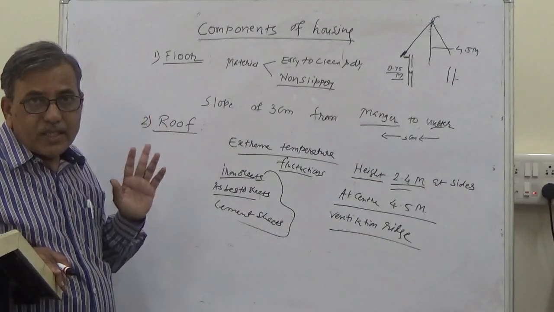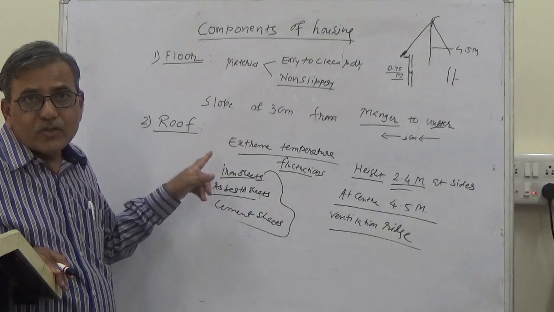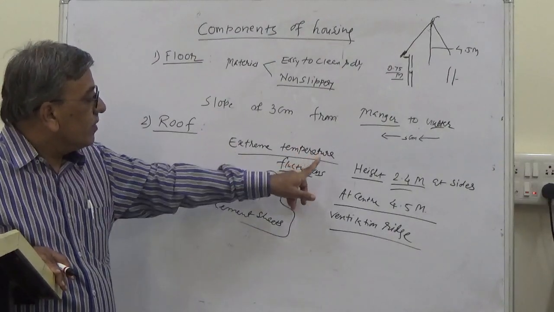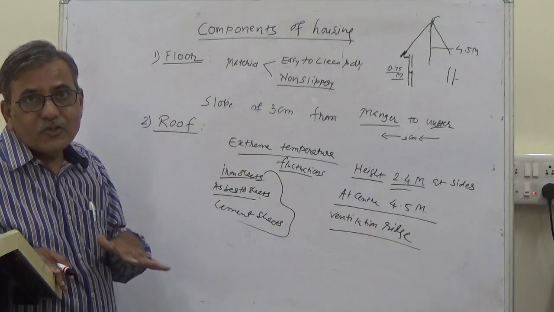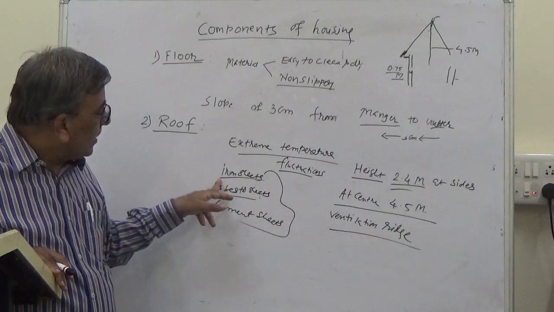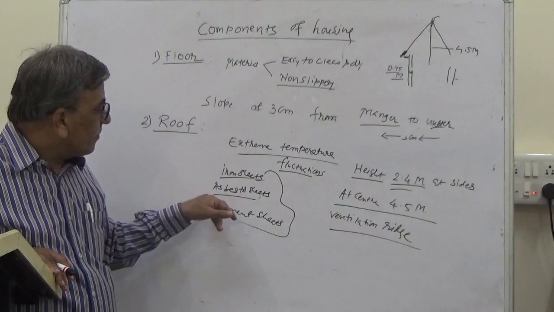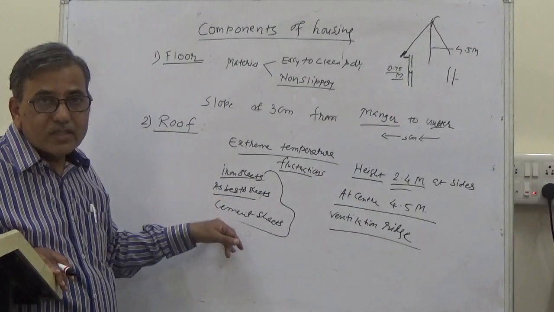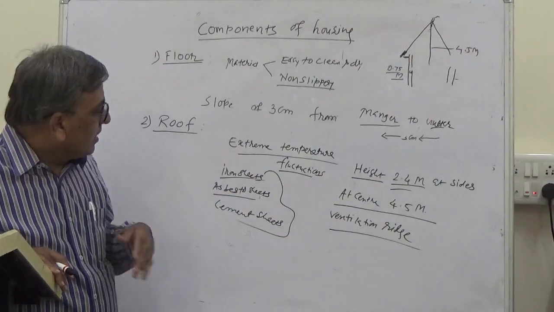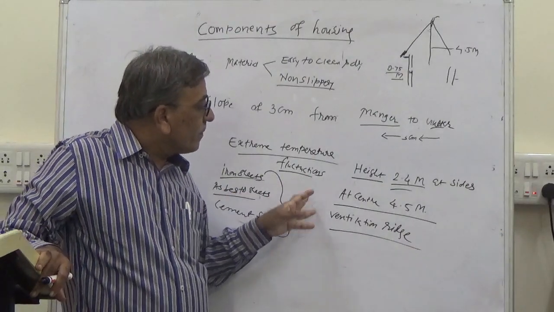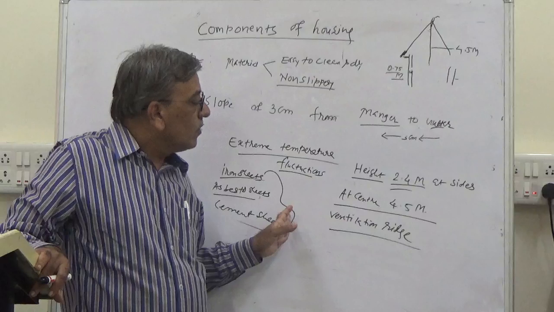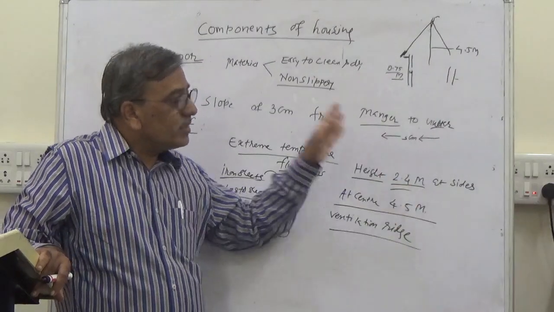It should be constructed in such a manner that it takes care of extreme temperature fluctuations in the house. The material used is preferably iron sheets, asbestos sheets or cement sheets or any other material which is in use. As far as the height of the roof is concerned, it is 2.4 meters at sides.